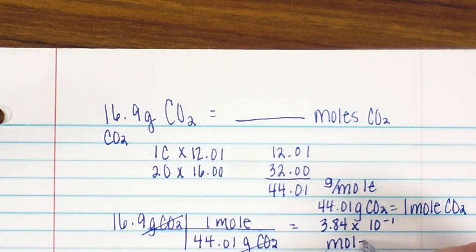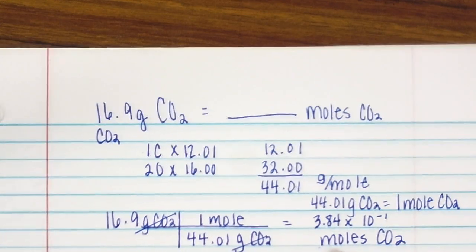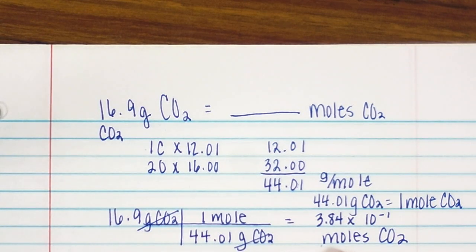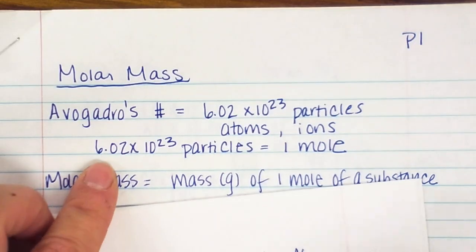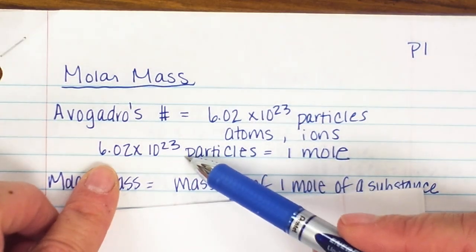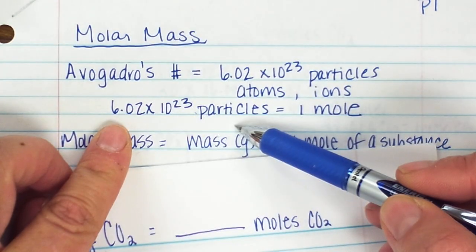Now this is a little confusing. What does 3.84 times 10 to the minus 1 moles of CO2 mean? Let's try and remember, a mole is a number. A mole is 6.02 times 10 to the 23rd particles.